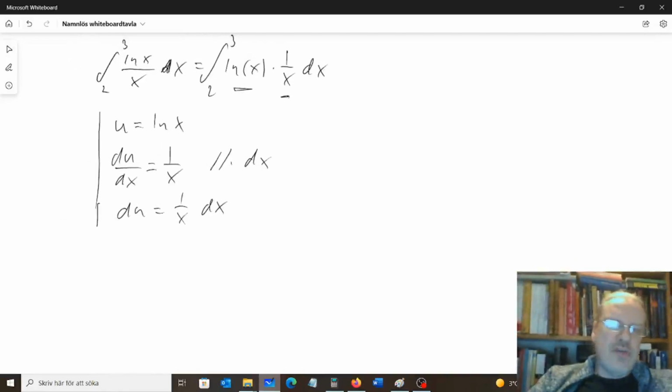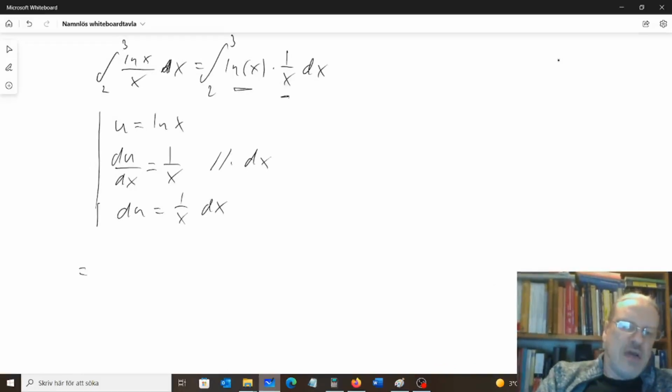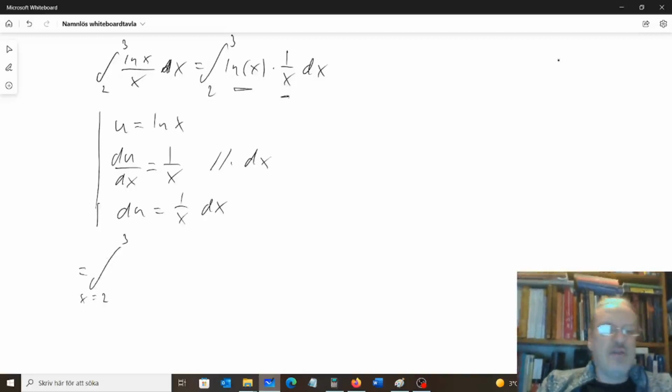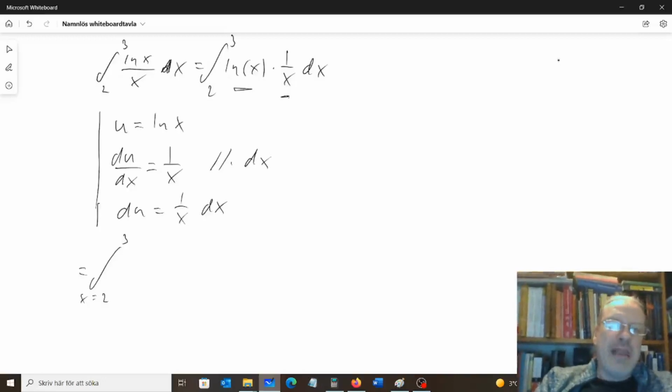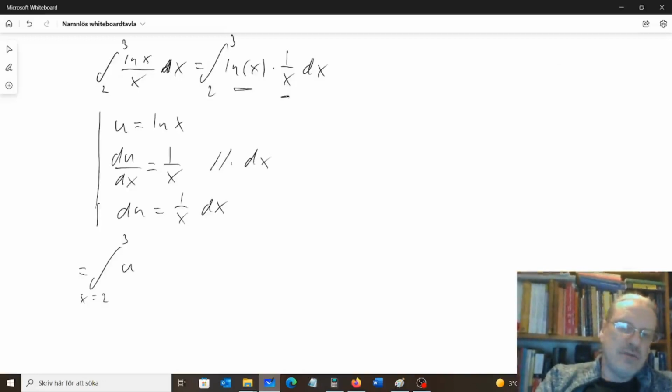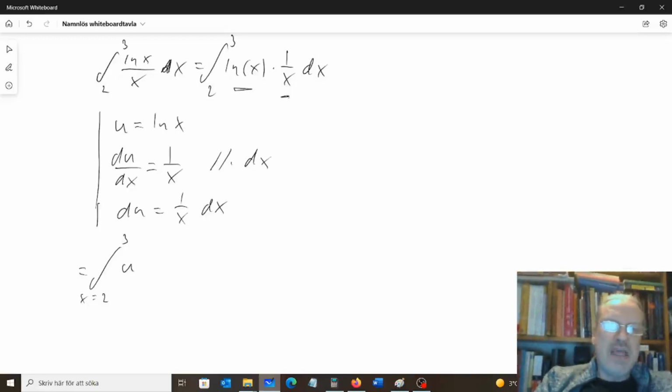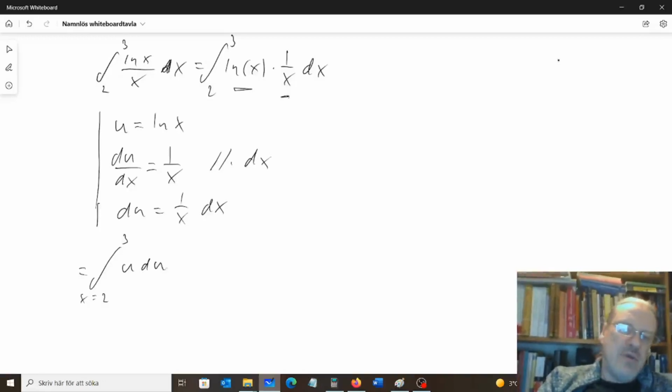So first thing we do here is we'll say our integral will now be the integral from 2 to 3, but now x will go from 2 to 3. So I indicate that by writing x equals 2 to 3 of our integral, and ln x was u, and 1 over x dx is du.